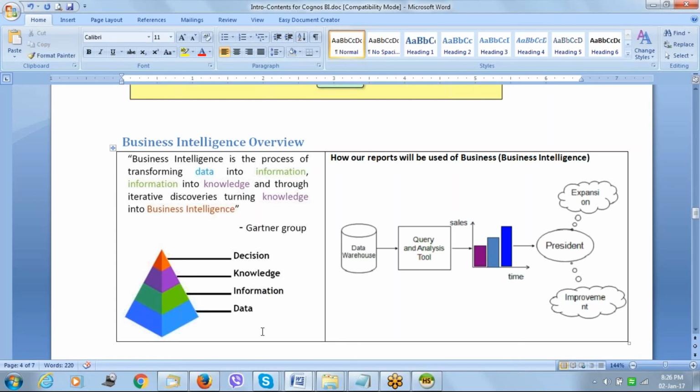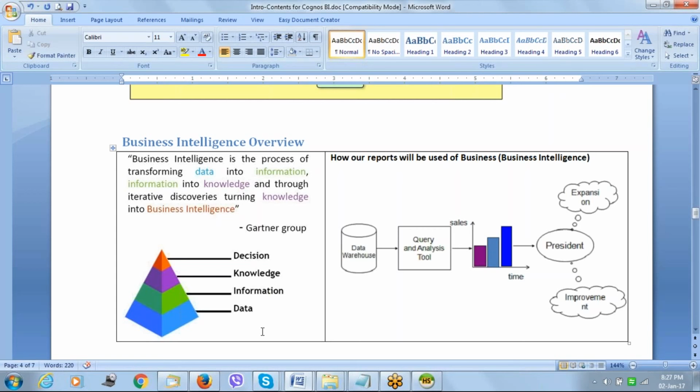A lot of data will be there, but they don't know how to use it. Terabytes and terabytes of hard disk space are occupied. So we want to convert that into information. That is the process of business intelligence. We take the data and convert it into information, into knowledge, and knowledge into decision.